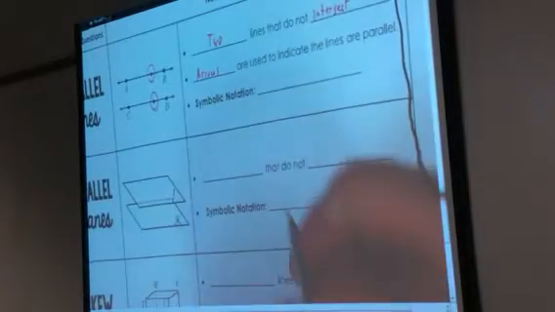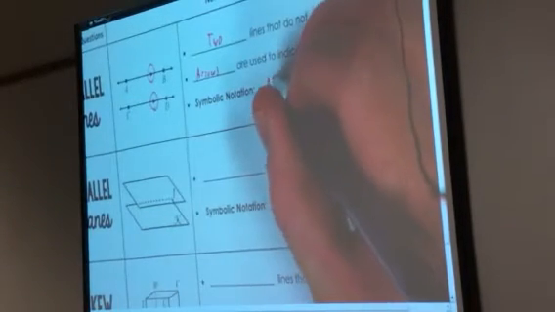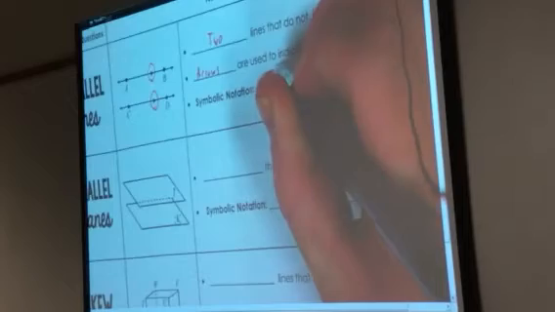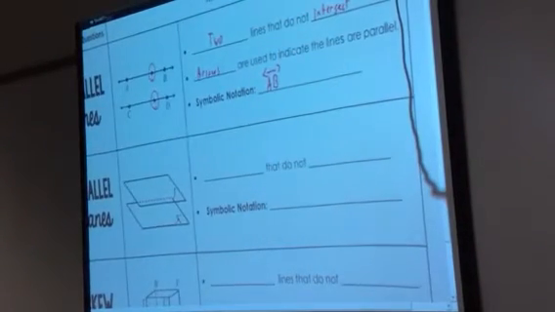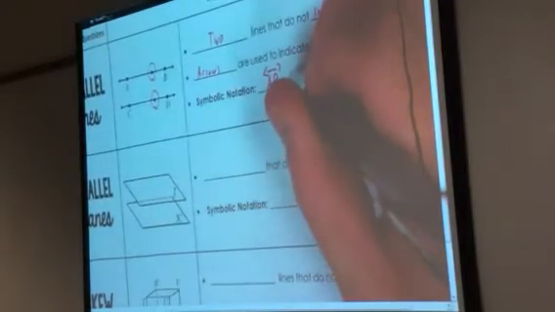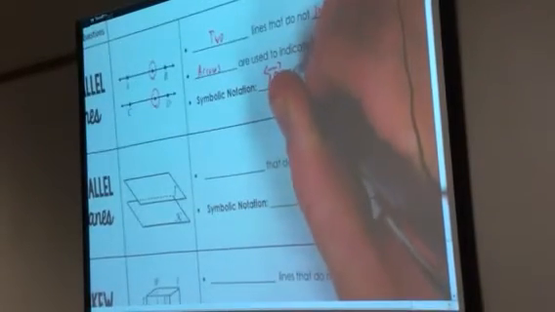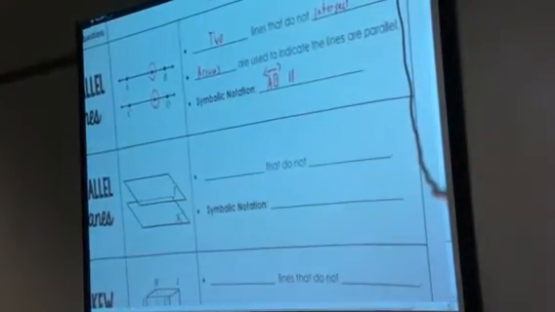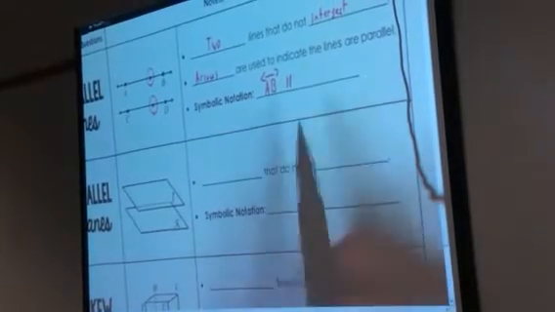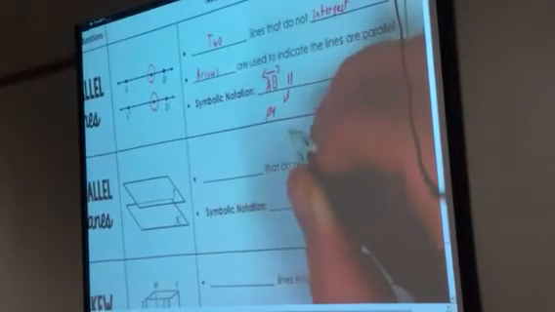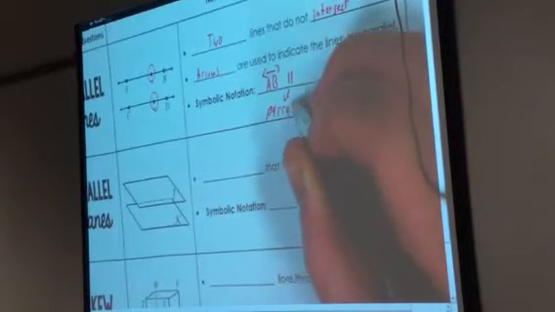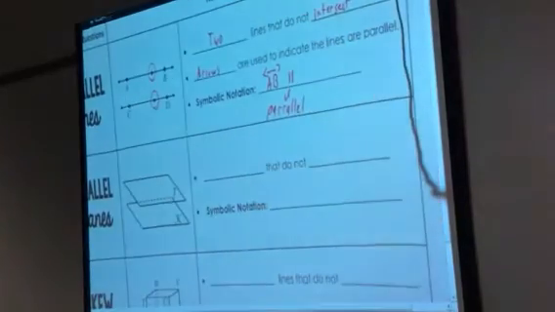And how I would say that is I have line AB. Remember, that would be a line over top of two arrows, an arrow on each side. This, with two straight up and down lines, means parallel. That is your symbol for parallel.